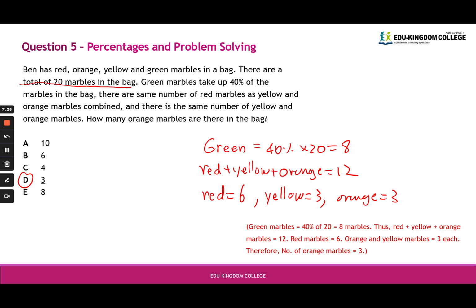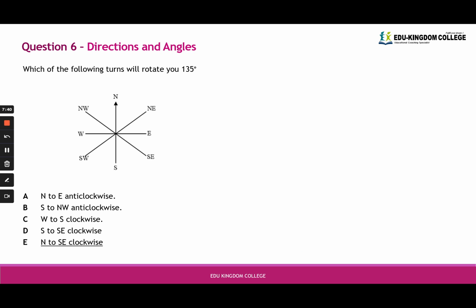All right, next question, question 6. So which of the following turns will rotate you 135 degrees? Okay, so what we need to realize is each of these turns here is going to be 45 degrees, right? So for example, if I was rotating from east to northeast, that'll be a 45 degree rotation, right? So what we can see here, this one, you just have to guess and check, right?